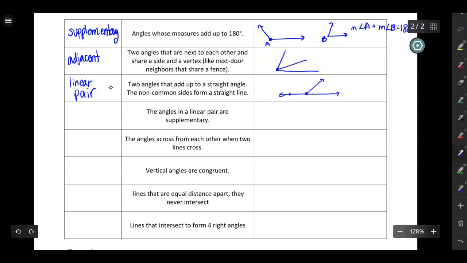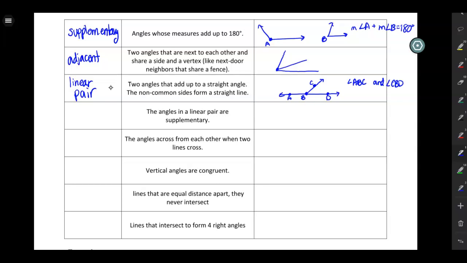Let's go ahead and label this. So you've got angle ABC and angle CBD. Whoops, that's a C. CBD. Those would be two angles that form a linear pair. It just means that when they are together, they form a straight line.